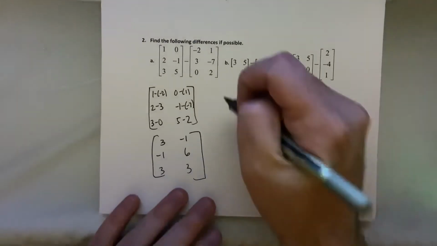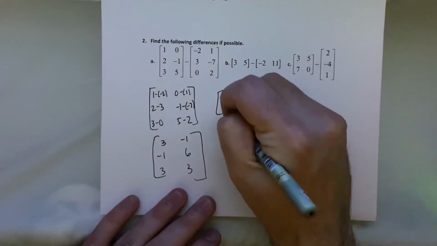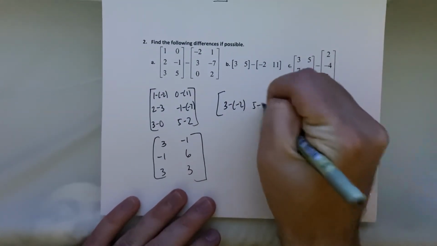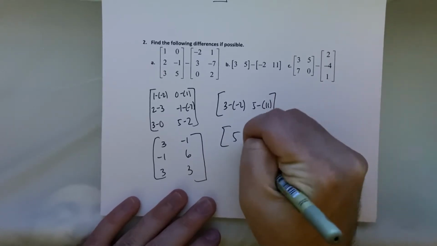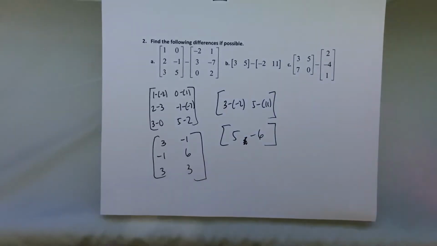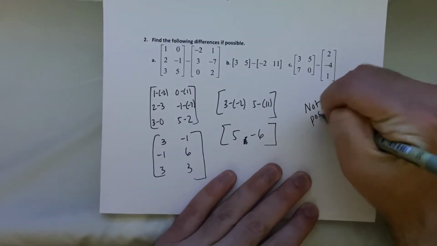B is the same size again, so even though it's just a row, you subtract components. 3 minus negative 2, 5 minus 11 is 5, negative 6. And lastly, C, they're not the same size, so not possible to subtract.